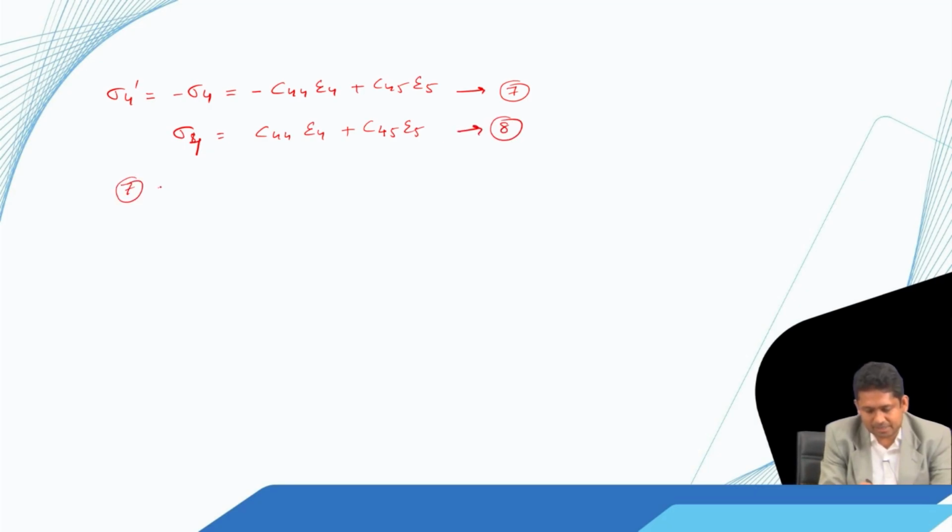Now, if I add 7 and 8, that implies that C45 is equal to 0.